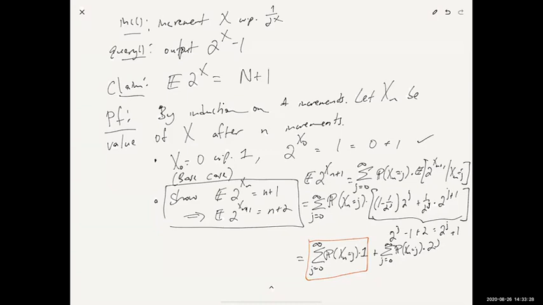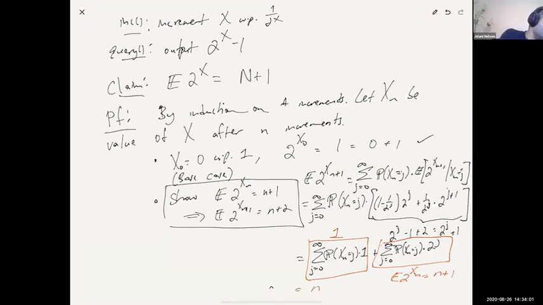If you sum over all possible values that a random variable can take, and you take the probability of each, that's just 1. And what's another way of writing this? Yeah, this is equal to the expectation of 2 to the xn, which by our inductive hypothesis is equal to n plus 1. So overall, this is equal to 1 plus n plus 1, which is n plus 2, which is exactly what I wanted. So I have the base case and I have the inductive step, so I'm done.